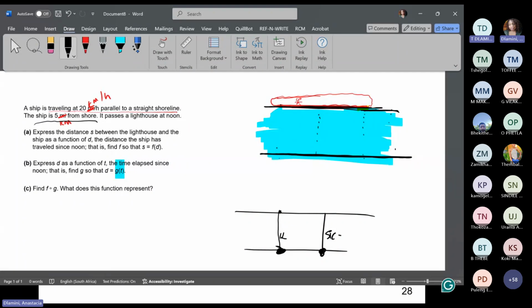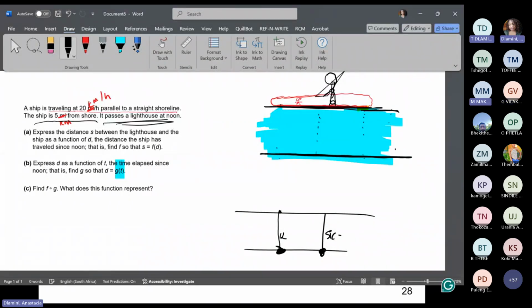Now they say it passes the lighthouse at noon. So we need to go and draw a lighthouse. So here's our lighthouse. And we know that the lighthouse normally is at the shore.